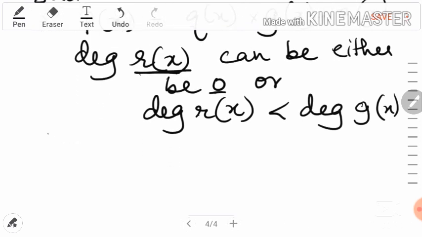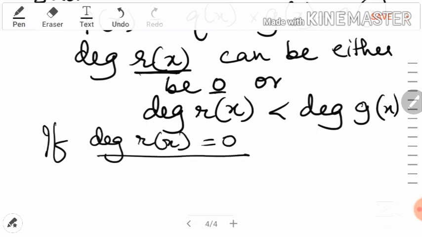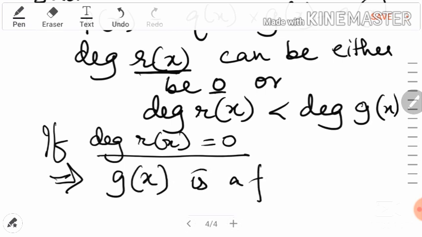Now if the degree of remainder polynomial r of x is equal to 0, then what does that mean? It implies that the divisor g of x is a factor of p of x, because it completely divides the polynomial p of x.